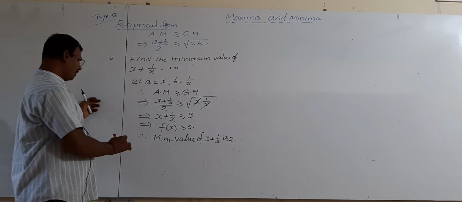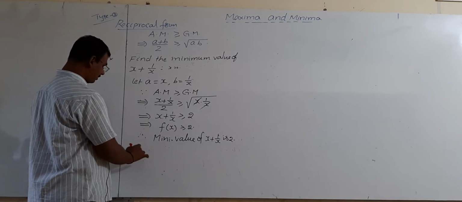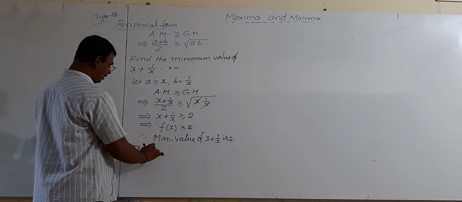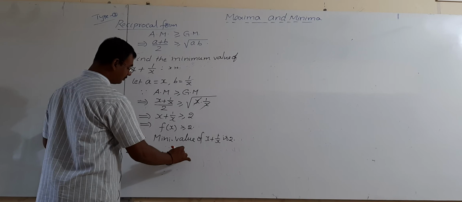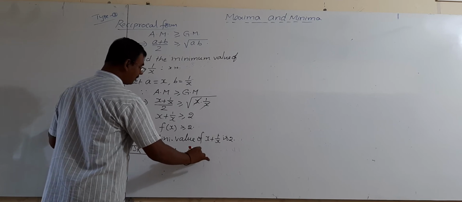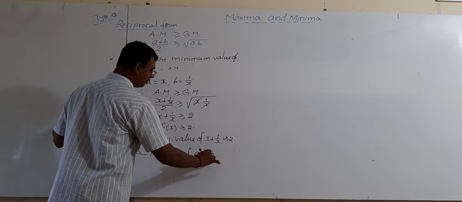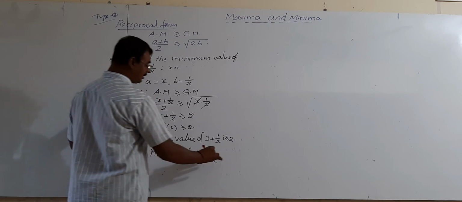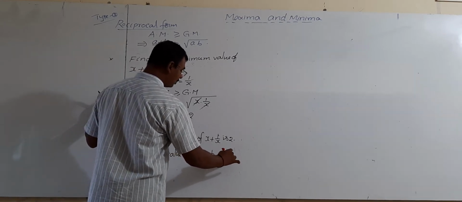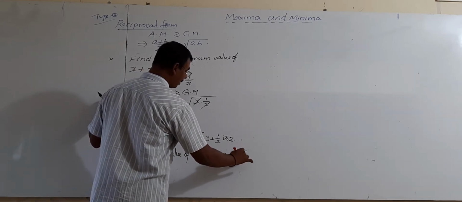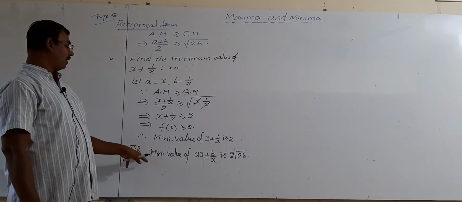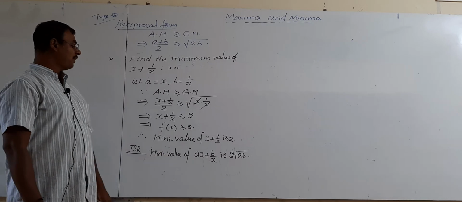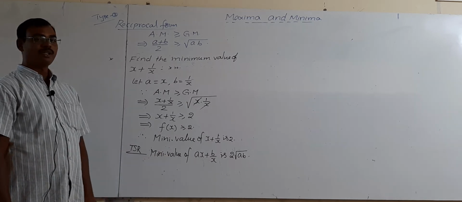In this model, remember the minimum value of ax + b/x is always 2 into square root of ab. One more direct result: the minimum value of ax + b/x is 2 root ab.